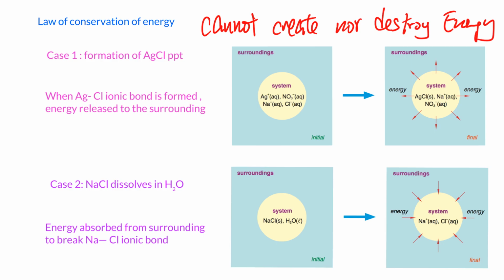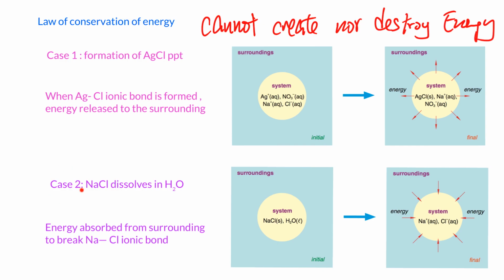So where does the energy go? The energy goes from the system to the surroundings. The energy level in the surroundings will increase, but in the system the energy will decrease. These changes, one decrease and one increase, are equal. So we say this is the law of conservation of energy.